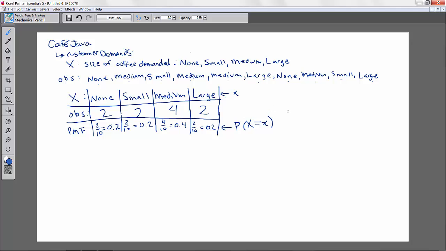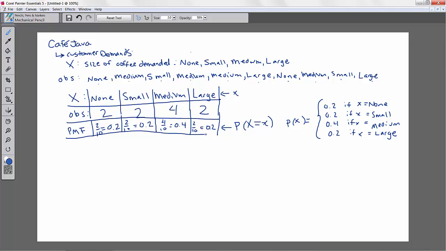If you wanted to write this as a formula, the probability mass function of the random variable x is 0.2 if x is none, 0.2 if x is small, 0.4 if x is medium, and 0.2 if x is large.